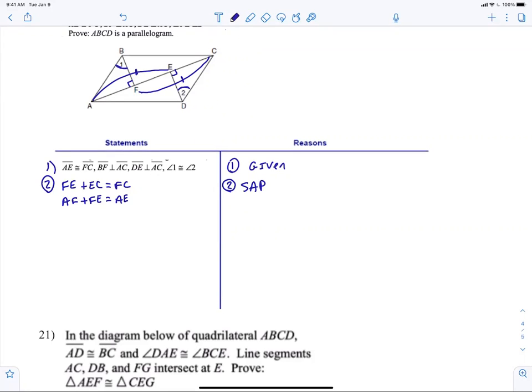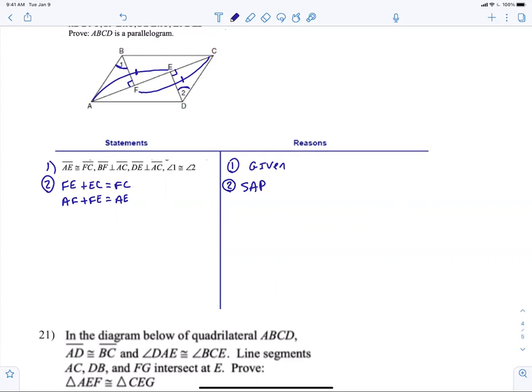So how does that help me? Because you can prove one of the sides is congruent in a triangle. But what sides are we trying to go for here? We were trying to prove AF is congruent to EC.